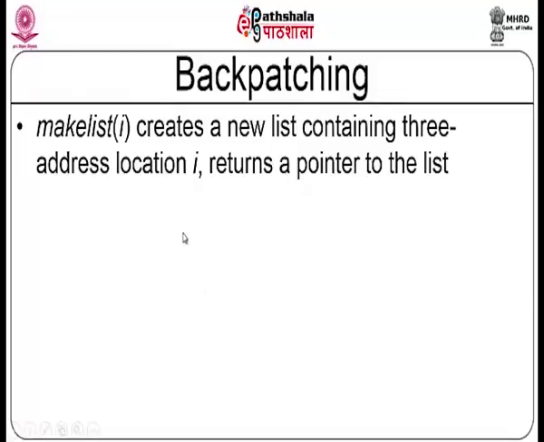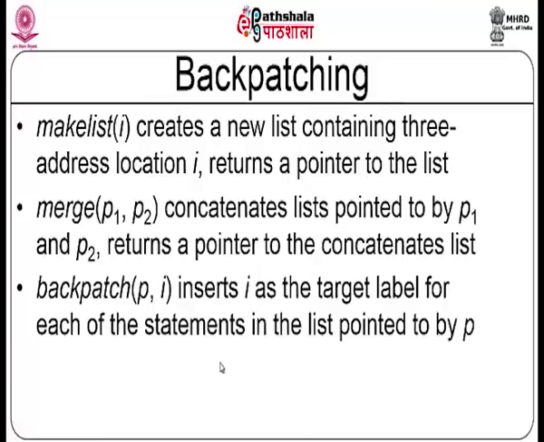One is the makelist function, the second is the merge function, and the third is backpatch. Makelist(i) creates a new list containing the 3 address location i, and returns a pointer to the list. This is simply a linked list of 3 addresses, where the address typically corresponds to a line number or a quadruple of your 3 address code.